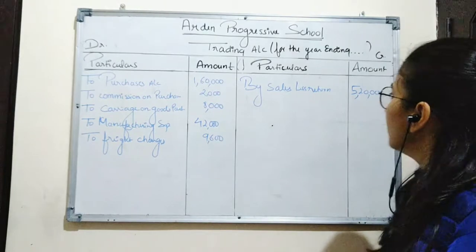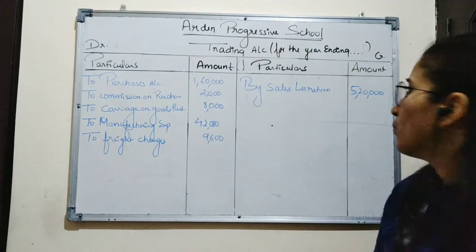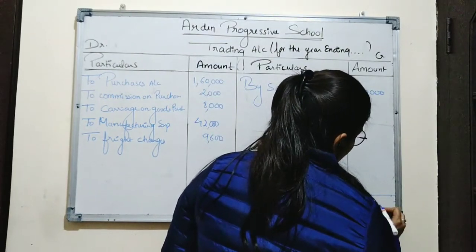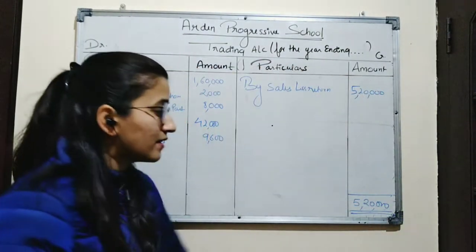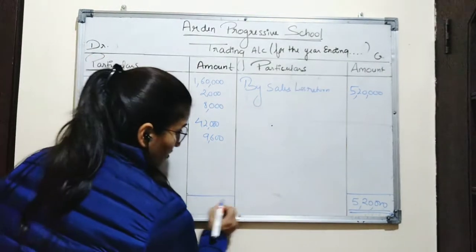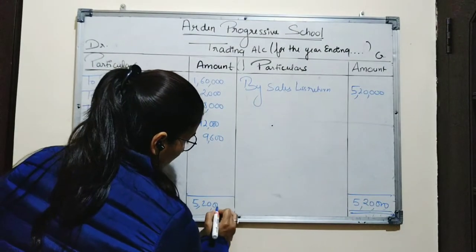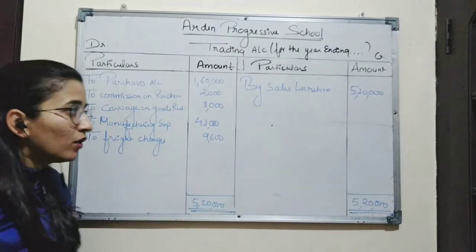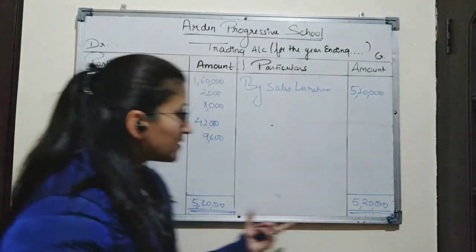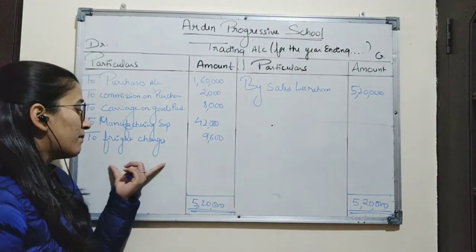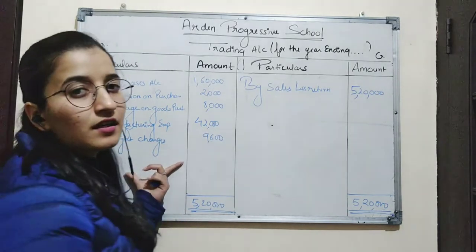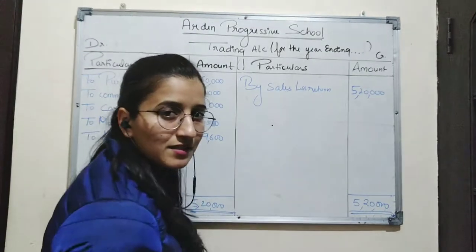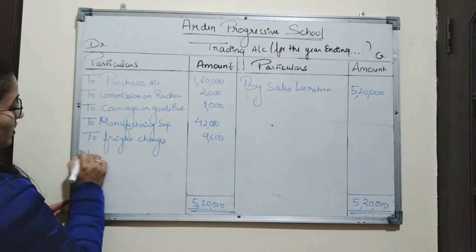Now we will see which side has a greater value. As we can see here, the credit side has the greater value, with the amount 5,20,000. So we will record this total on the credit side, and the same amount will be recorded on the debit side also, 5,20,000. So this remains the balancing figure here. As we know, when the credit side exceeds the debit side of trading account, the balancing figure is considered as gross profit. If income is exceeding the expenses, it will be treated as gross profit.